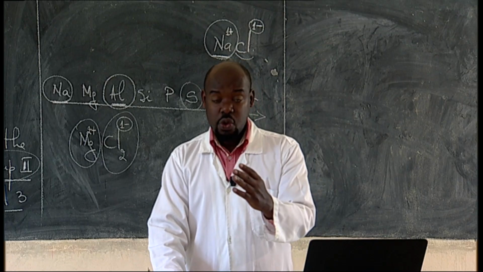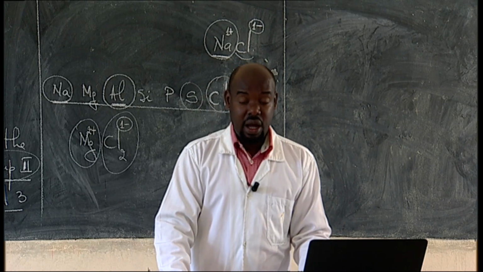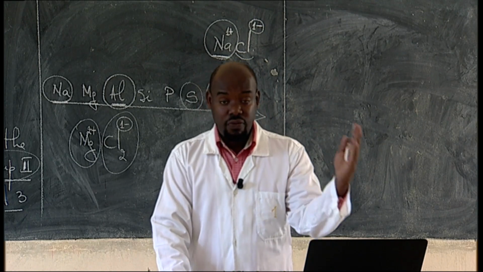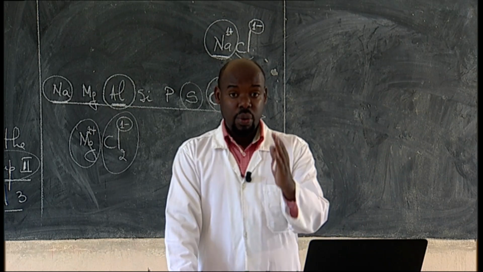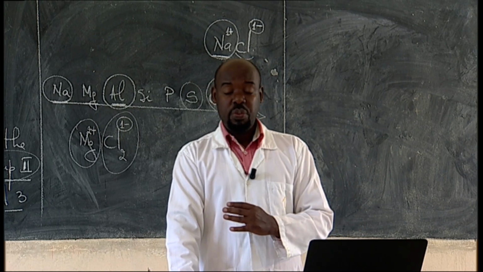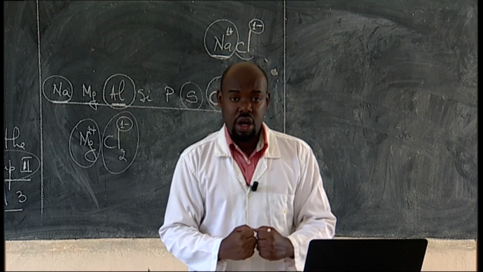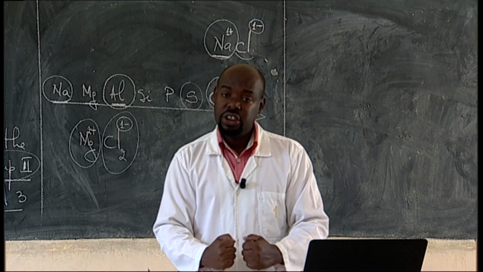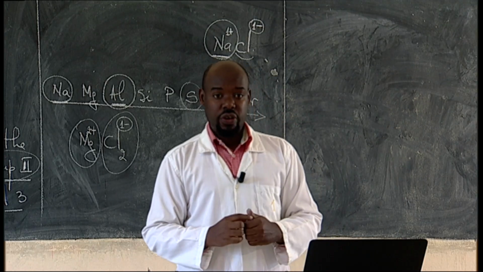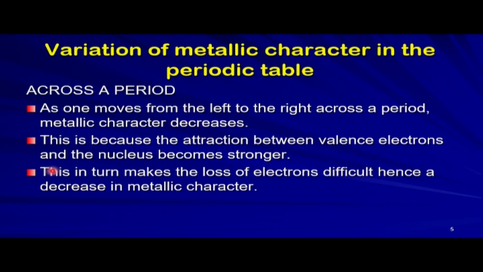So that is the reason why the metallic character, which is that tendency of losing electrons, will decrease as you move across the period. Why? Because the attraction is becoming stronger. The electrons are experiencing a stronger attraction. And this, in turn, will make the loss of electrons difficult, hence a decrease in metallic character.